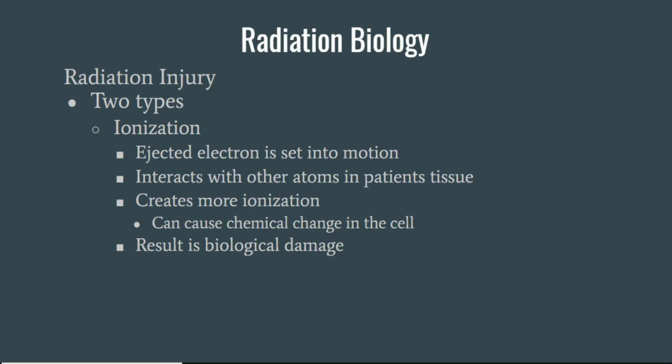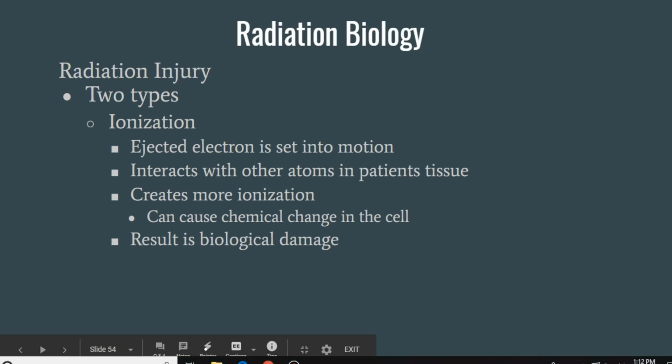So, for example, if ionization does not cause any damage to structures of great importance to cell function, such as DNA, there will be little injury occurring or little biological damage.